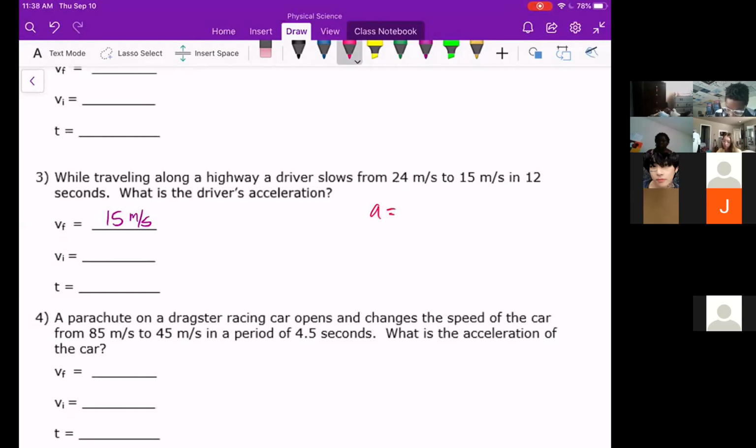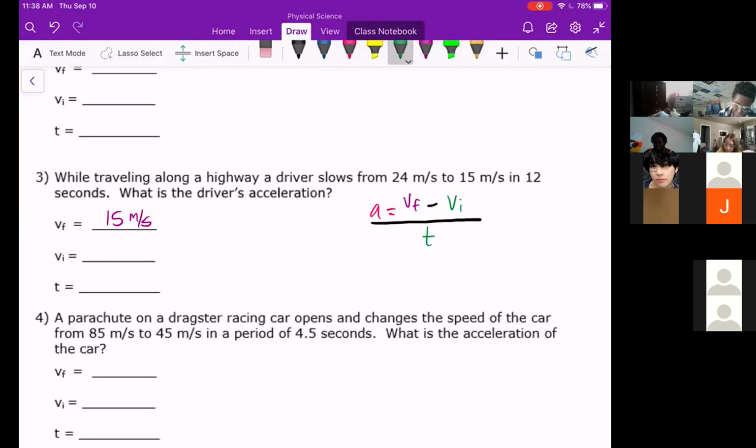A is equal to VF minus VI divided by T. All right, Rhea, give me another number. 12. Well, where do you want that?